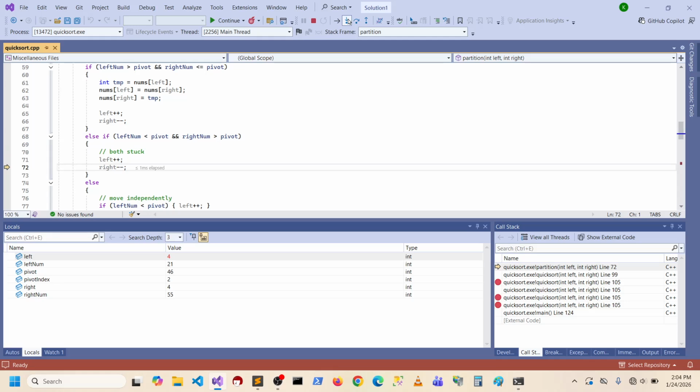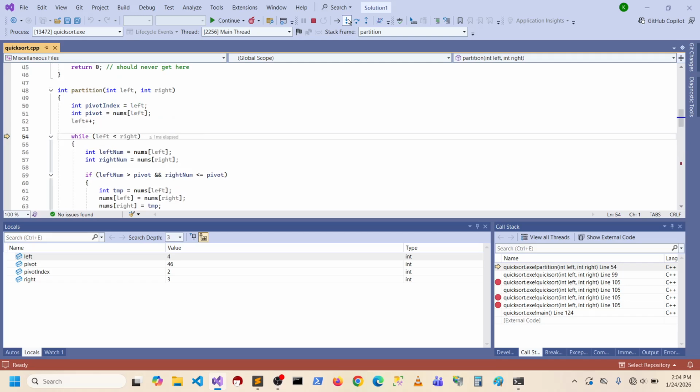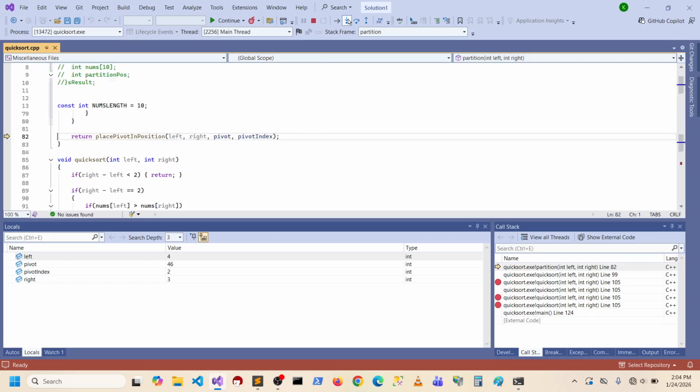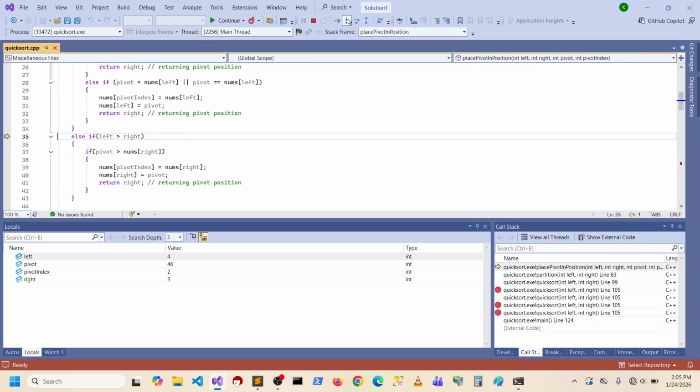So just increment those. It's not, so greater than right. It's 46, 4 and 3.